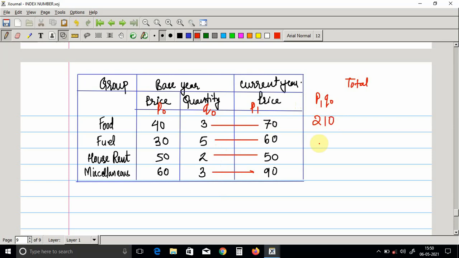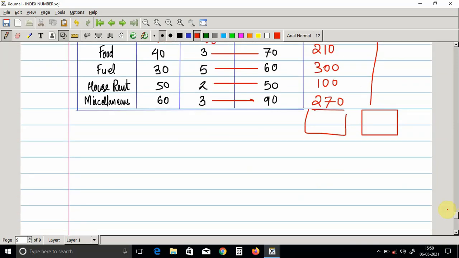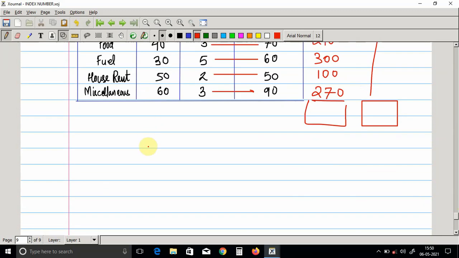This one will be 300, 100, 270, like this. And what was the bill in the base year with previous rate and previous quantity? So P naught into Q naught, same thing. So the total bill, and that thing will give you the cost of living, whatever the percentage is coming.